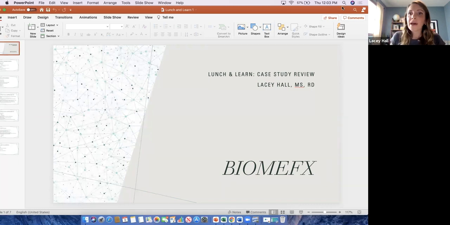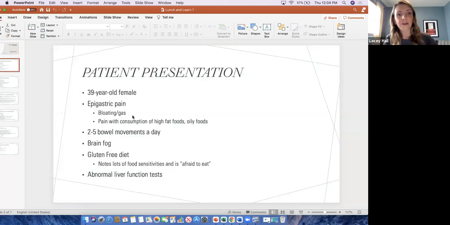All right, so to start off, let's look at who we're dealing with today. This patient is a 39-year-old female. She had been suffering for quite a long time from epigastric pain and discomfort, especially following meals. She was very bloated with a lot of gas, just distension overall, and just feeling very unwell.